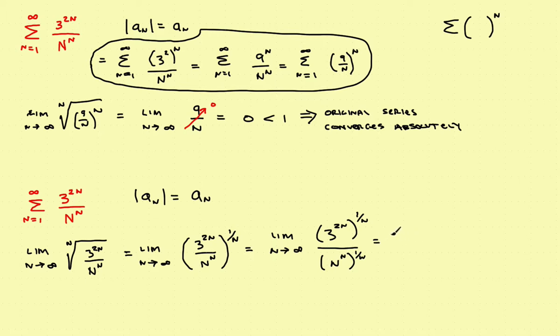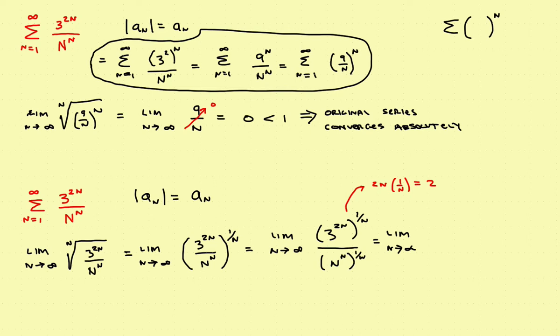Now again, whenever you have a power raised to a power, let's just go off to the side and do that one. You multiply the exponents. So that's like having 2n times 1 over n. The n's will cancel out and leave you with 2.